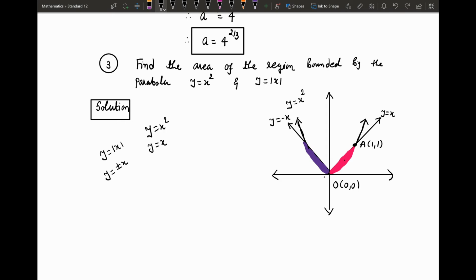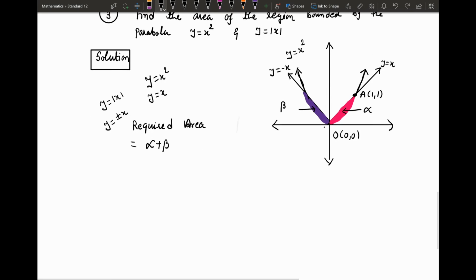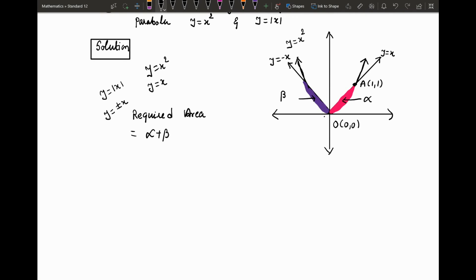So if we denote this portion by alpha, this portion by beta, the required area equals alpha plus beta, but you can observe portions alpha and beta are equal, so it is 2 times alpha. Here we give the reason alpha equal to beta.